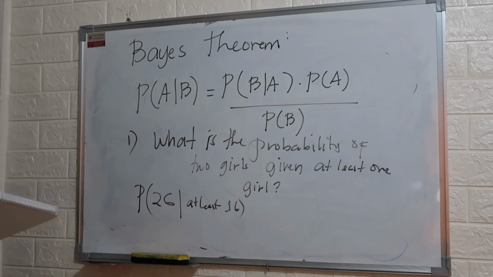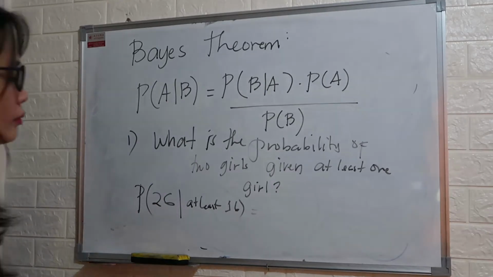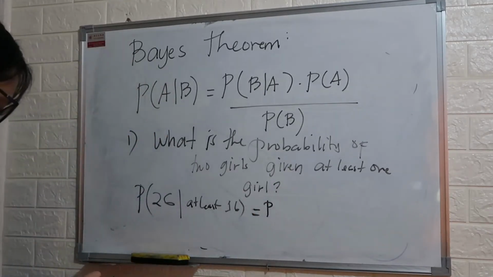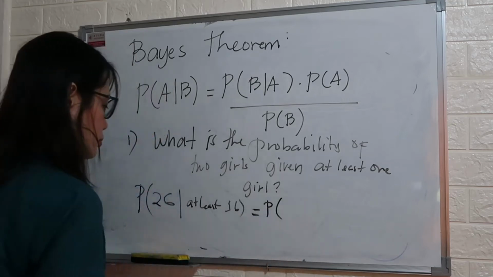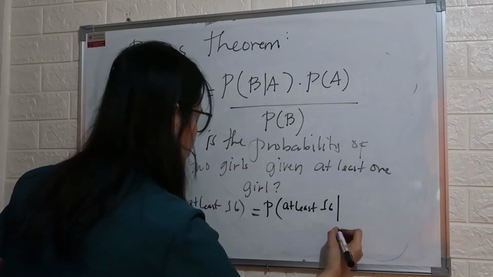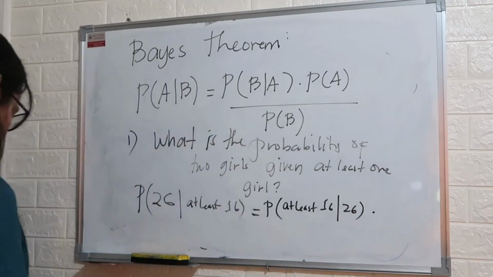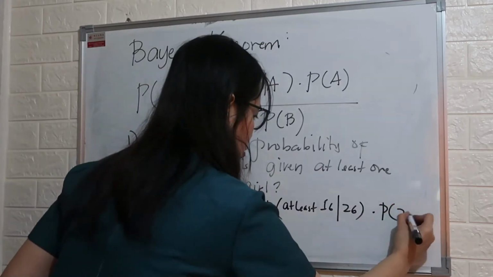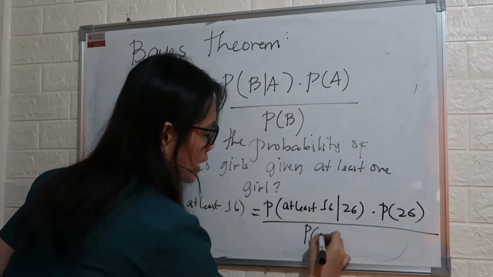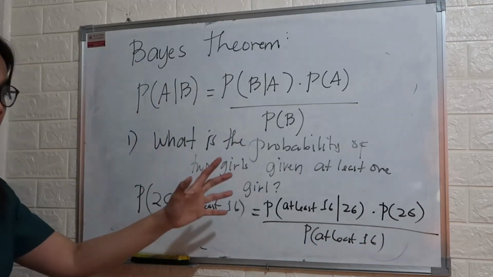To rewrite that using Bayes' theorem, that will be the probability of at least one girl given two girls, multiplied by the probability of getting two girls, all over the probability of at least one girl. So that is Bayes' theorem.